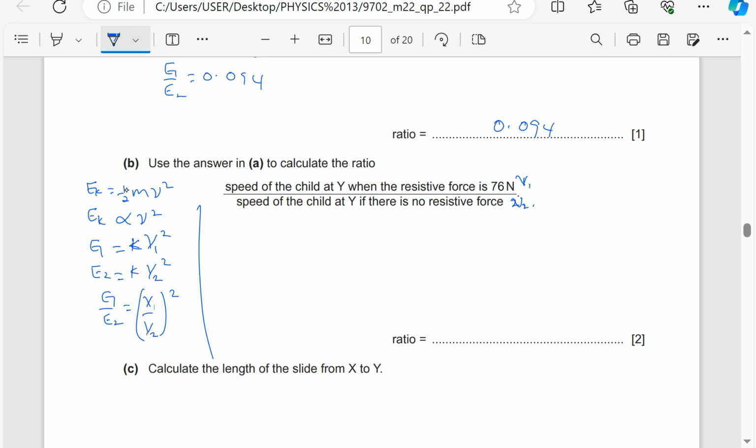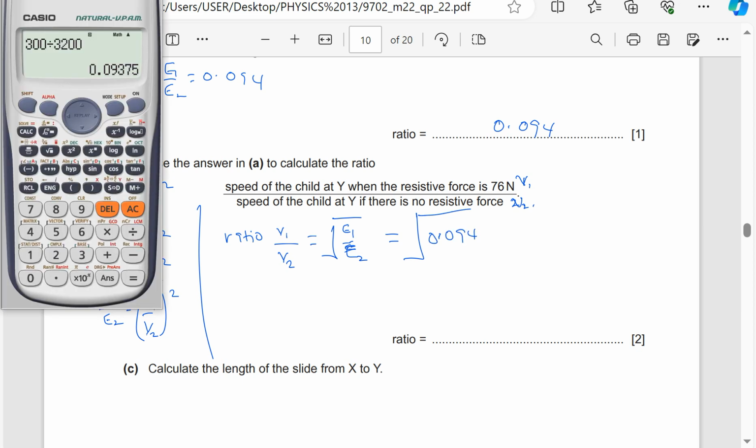So what does that mean? The ratio V1 over V2 is going to be the square root of E1 over E2. So this is the square root of 0.094, which is 0.31.